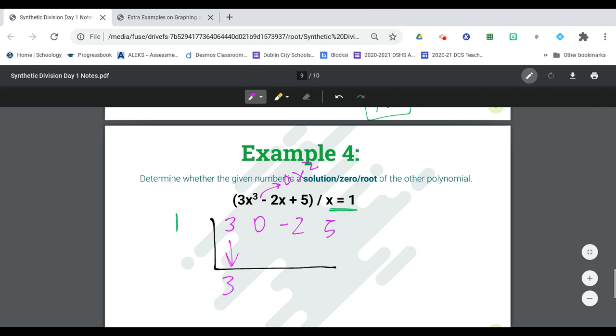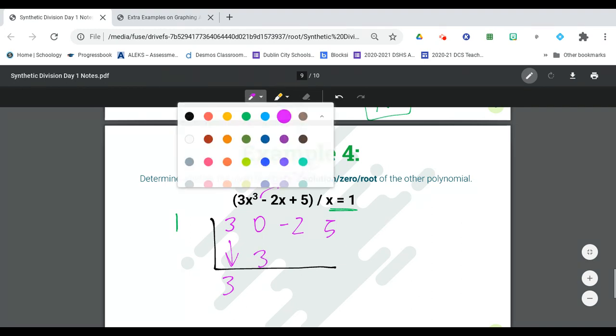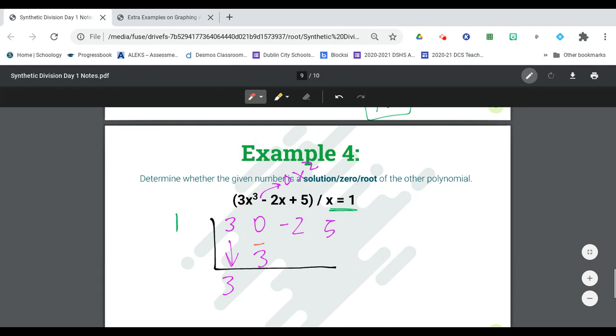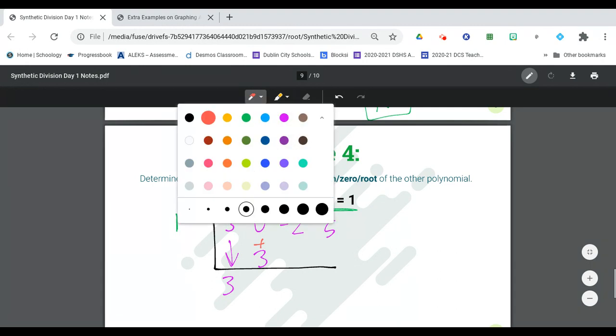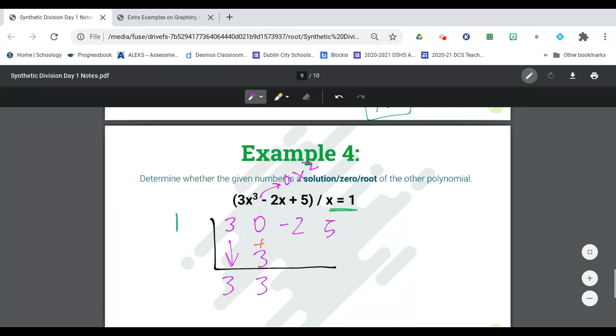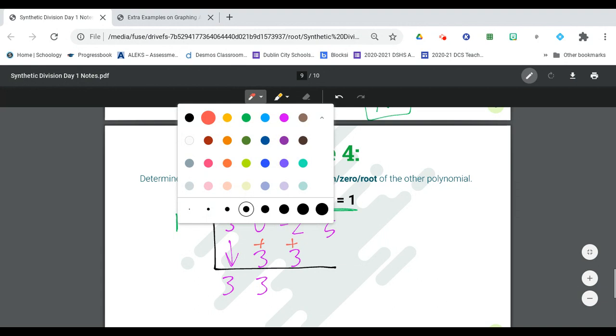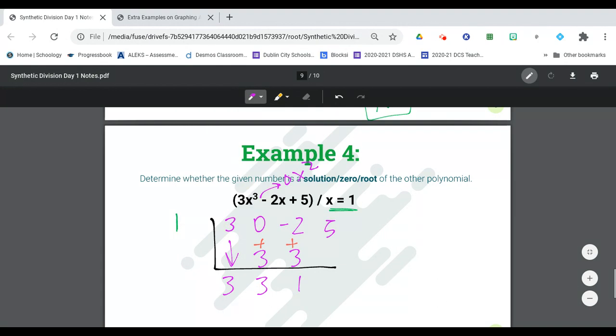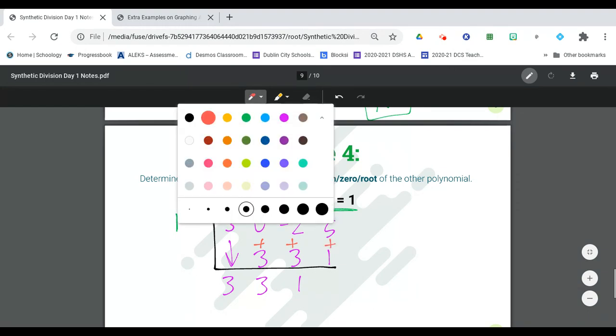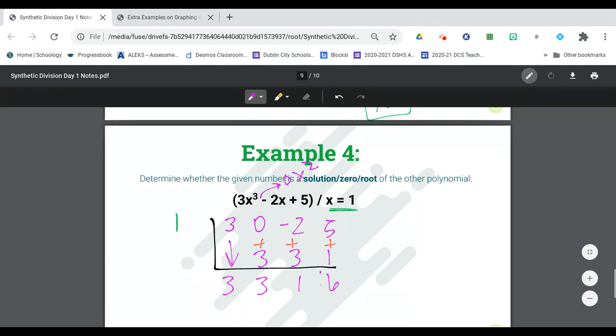So I'll bring down my 3, multiply by the number outside, so 3 times 1 is 3. I will then add, which gives me 3 there, and 3 times 1 is 3. I'll then add, and negative 2 plus 3 is 1, and 1 times 1 is 1, and I will then add one more time to give me 6.